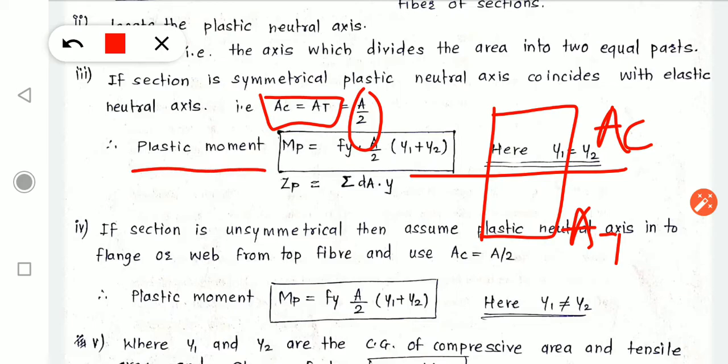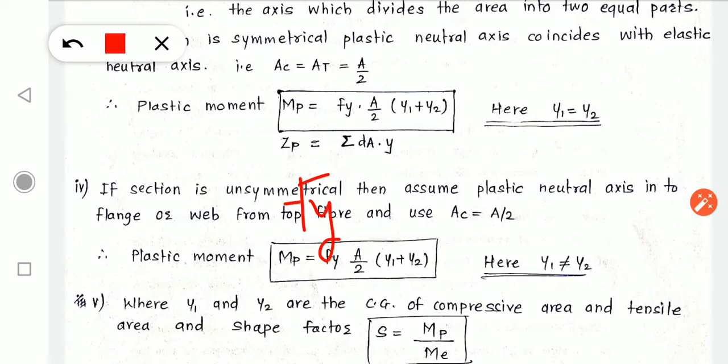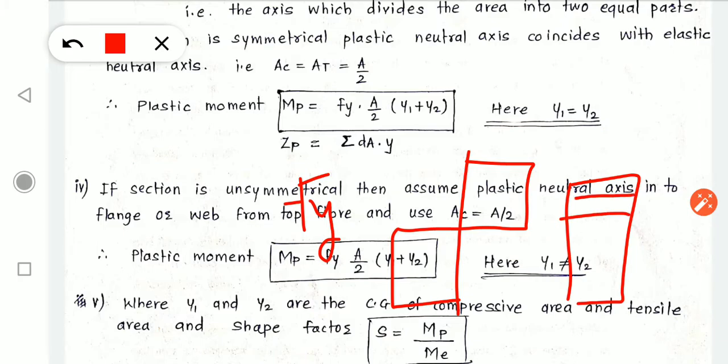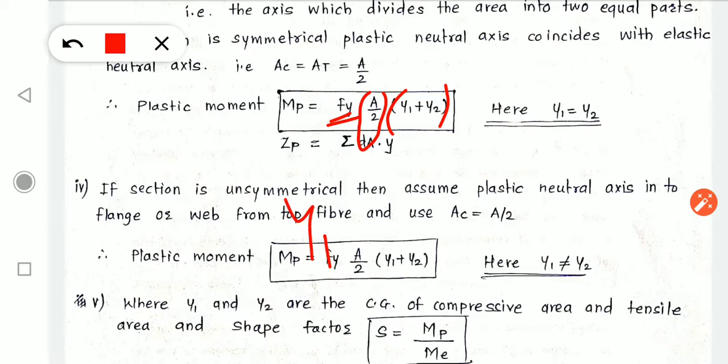Then the plastic moment. Now you already know the plastic moment formula. The plastic moment is stress into area, in the plastic stage where all the fibers of your cross section are yielding at stress Fy. In this stage also you take the stress as yielding, then A by 2 is the area, into the lever arm, where y1 equals y2.